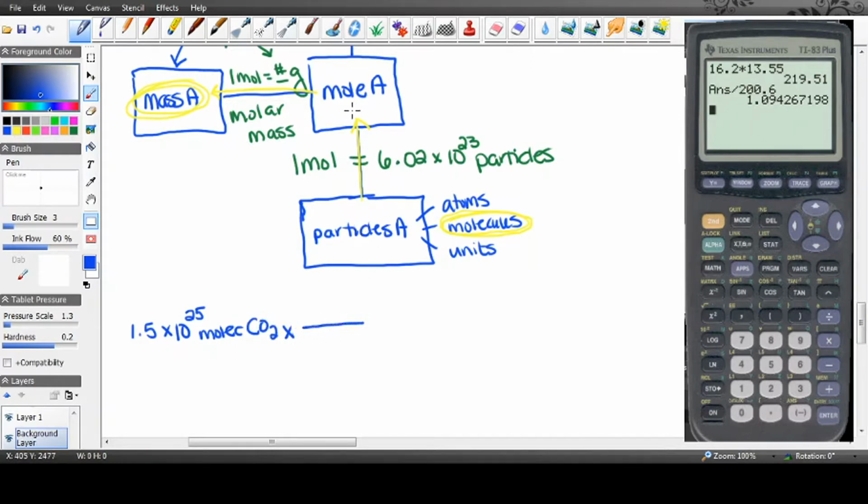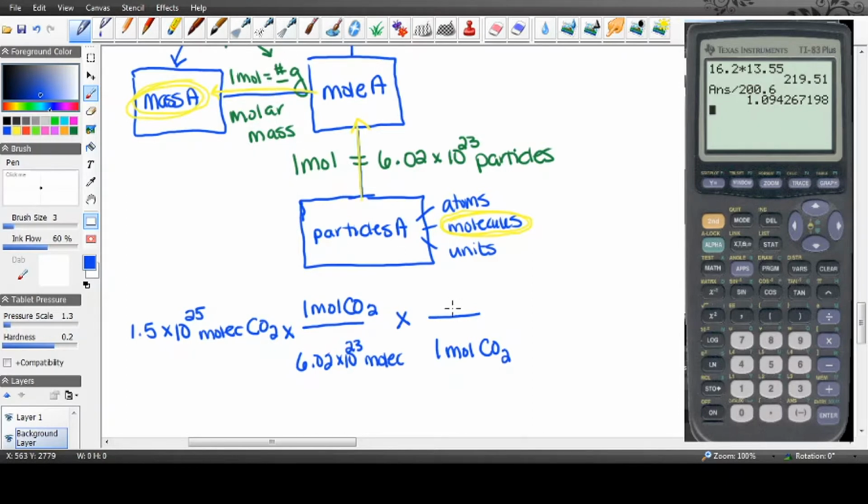To go from particles to moles, I need Avogadro's number. The unit you want to get to goes on the top. 1 mole of carbon dioxide contains 6.02 times 10 to the 23rd molecules. And now I can convert from moles to mass using the molar mass of carbon dioxide. I want to get out of moles, so that goes on the bottom. 1 mole of carbon dioxide contains some number of grams.